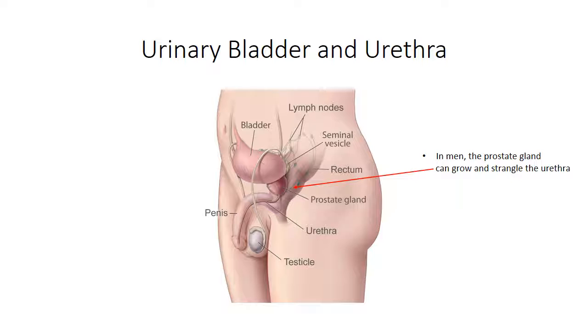So the size of the prostate increases twofold, threefold, and it really strangles the urethra as it grows. So men who have this so-called prostate hyperplasia, abnormal prostate growth, feel pretty bad. They're not happy with their urination. They always feel that some urine is in the bladder after urination. So the urination is incomplete.